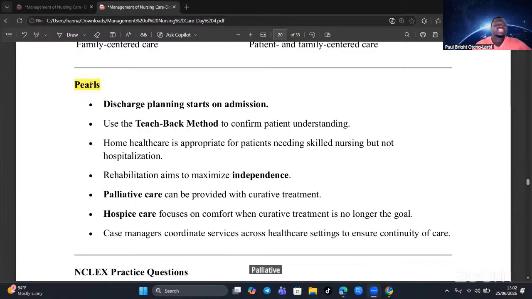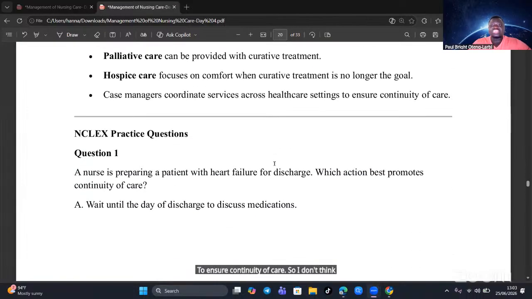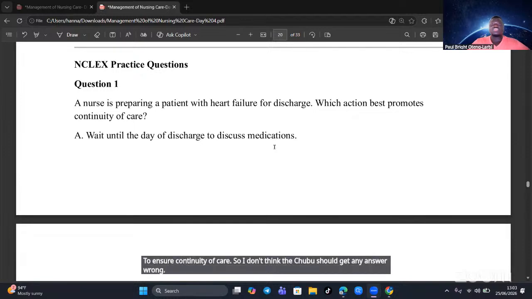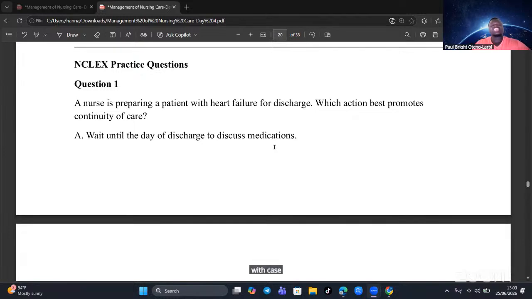Palliative care can be provided with curative treatment, and hospice care focuses on comfort when curative treatment is no longer the goal. Case managers coordinate services across healthcare settings to ensure continuity of care. So I don't think you should get any answer wrong with case management or nursing care.